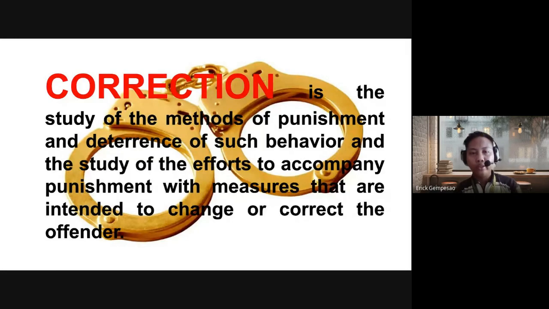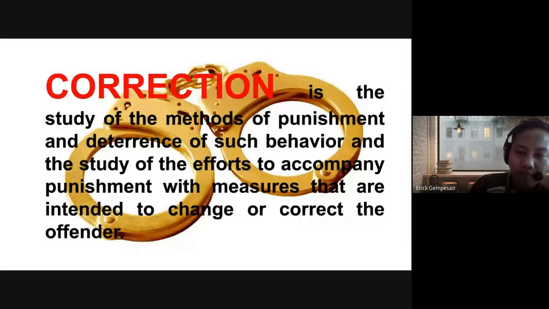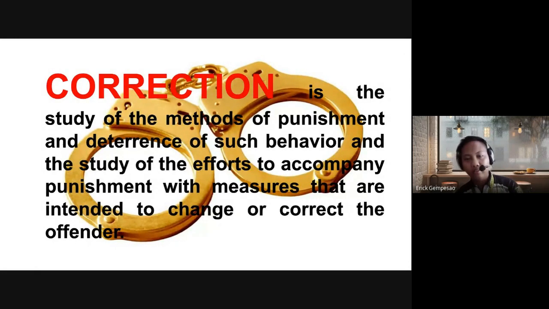Of course, you know already what is correction. Correction is the study of the methods of punishment and deterrence of such behavior, and the study of the efforts to accompany punishment with measures that are intended to change or correct the offender.